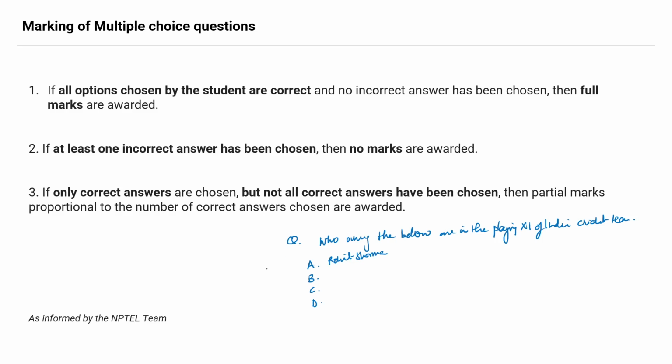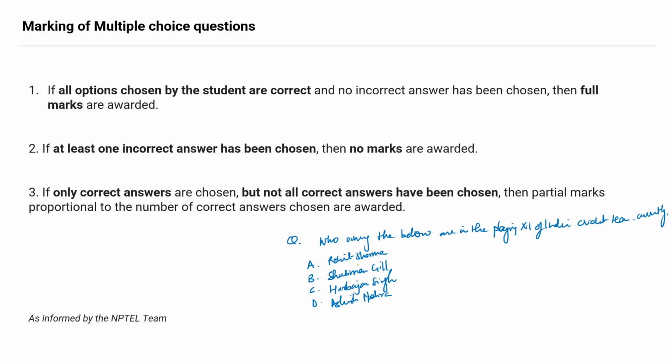It's the principle which needs to be explained well. So the question is, who among the below are in the playing 11 of the Indian cricket team, I can say currently, to avoid any issues. Now, if you see the answers, what is the right answer? Anyone?